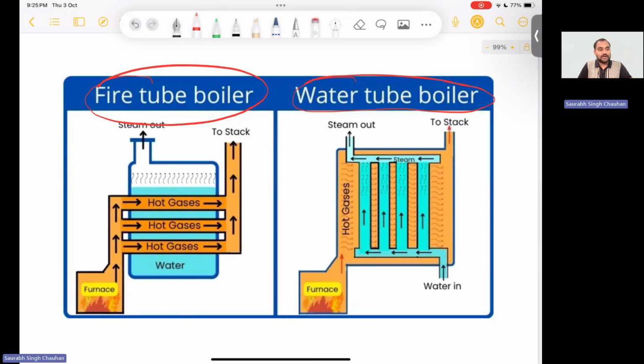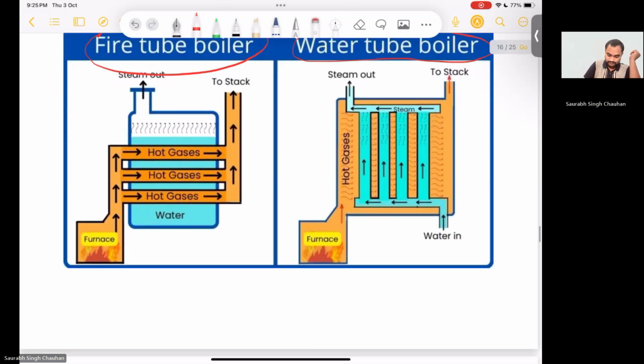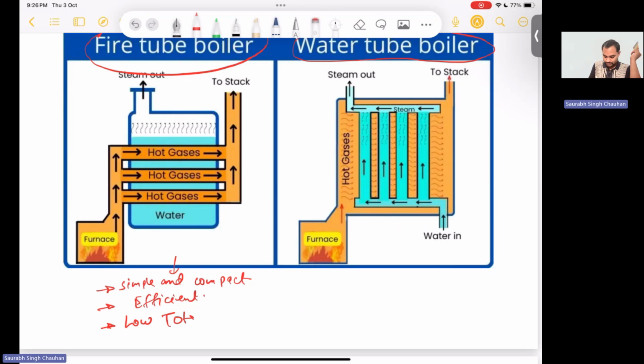So both of these boilers have some advantages and disadvantages. For example, fire tube boilers are simple and compact. They are efficient and they have low total cost of ownership.